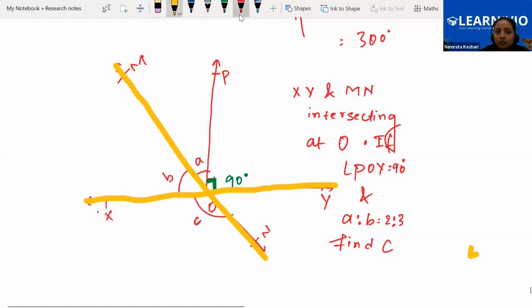Then how to find C? Ma'am, we can let A be 2x and B be 3x. So angle POX would be A plus B, which equals 5x. And then 5x equals 90 degrees and x equals 18.